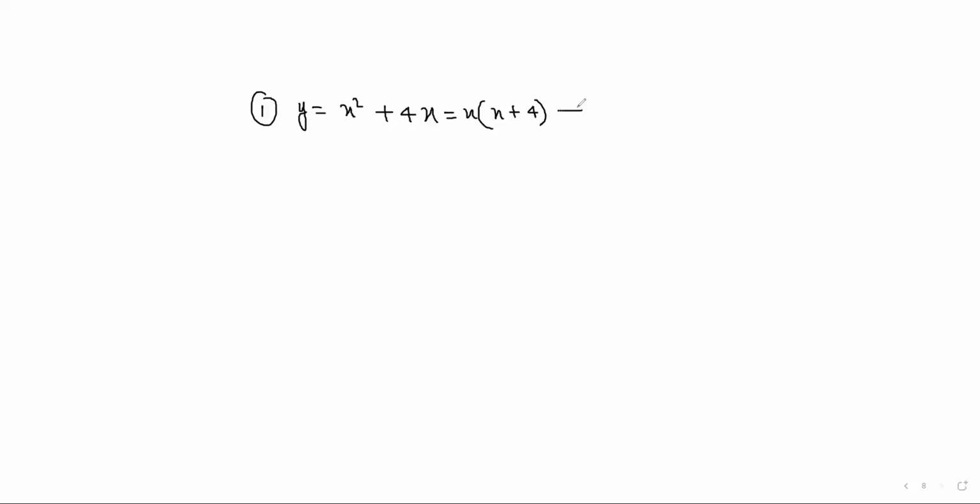So the roots are what? Roots will be 0 or minus 4. Got it now? So draw the graph. This is the xy plane. The graph is passing through the origin, no doubt. But the important observation is that here the graph is negative.